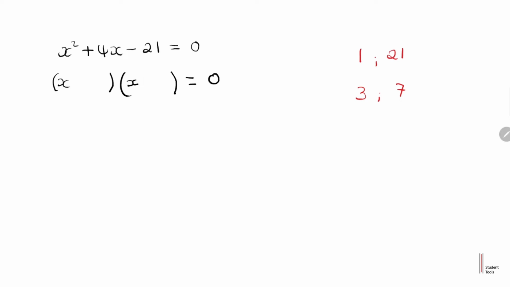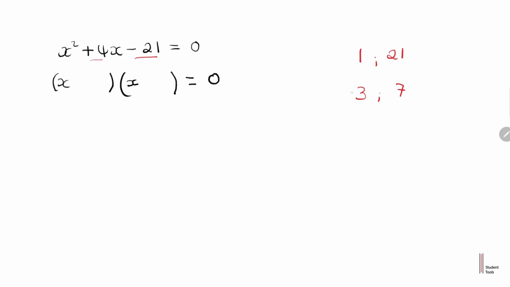Those factors of 21 have to give us an answer of negative 21 when multiplied, but also give us a positive 4, which is the coefficient of x, when we add them together. So what are those 2 factors that we can use?